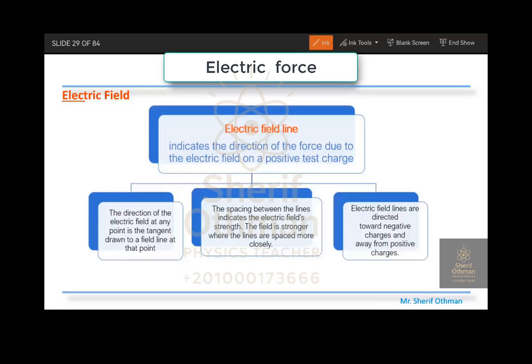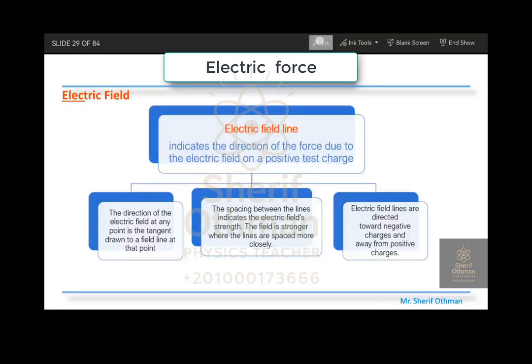So when scientists decide to find the direction of this field, they used a positive test charge. And using this positive test charge, they were able to find the direction of the field.